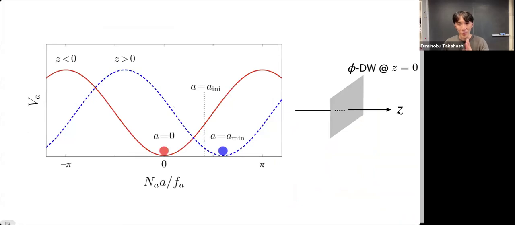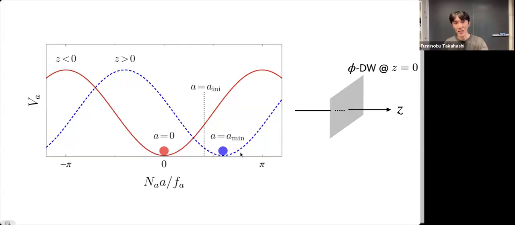And let me explain in a bit more detail. So suppose that we have a phi domain wall in the XY plane, like this, and the theta parameter is different for negative z and positive z. And for negative z, the axion potential is like this. And for positive z, the QCD axion potential is given by these blue lines.